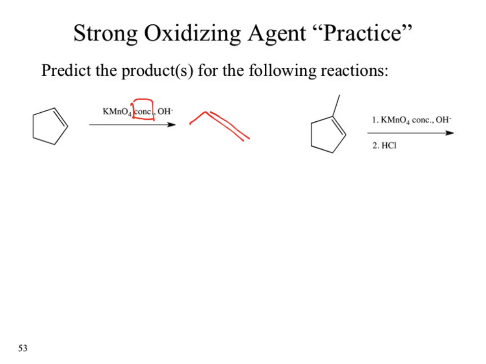There's our big stretched out pi bond. Cleave oxygens. Was permanganate just a mild oxidizing agent, or was it gung-ho? It was gung-ho. So what I would need to do is look at those carbons where the chemistry happened and see, are there hydrogens there?